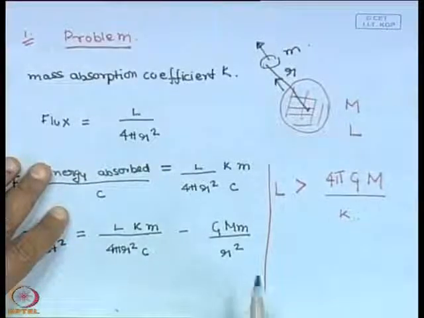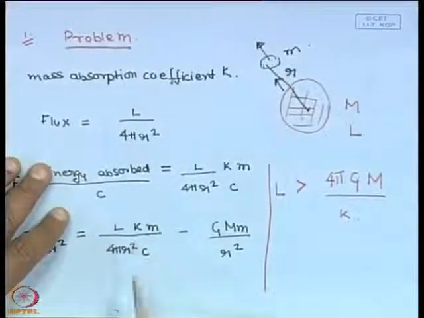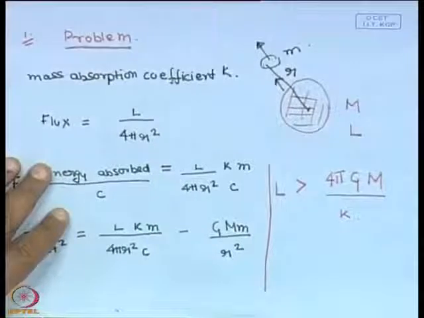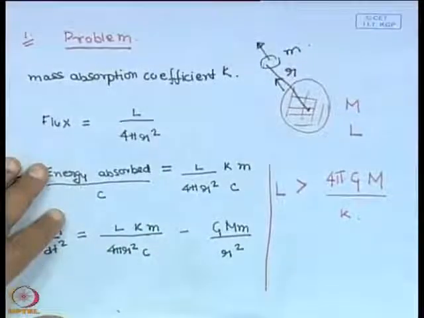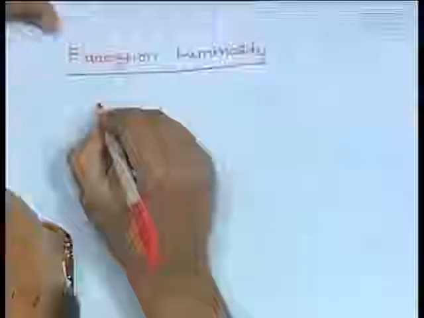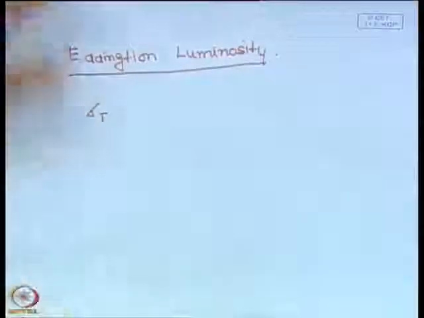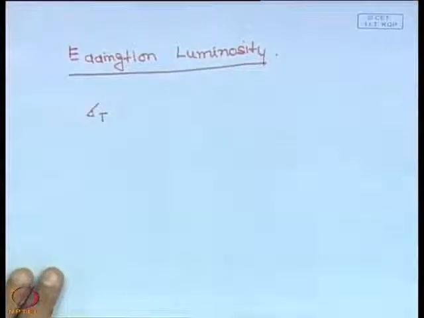There is a lower limit to the mass absorption coefficient that comes from Thomson scattering. So, any charged particle is going to scatter radiation through Thomson scattering, and the cross section of Thomson scattering is sigma_T, and this has a known value.